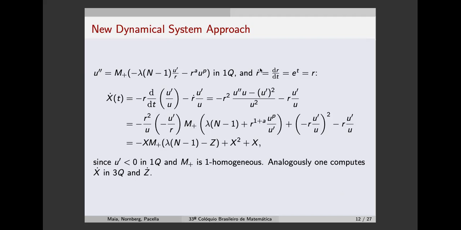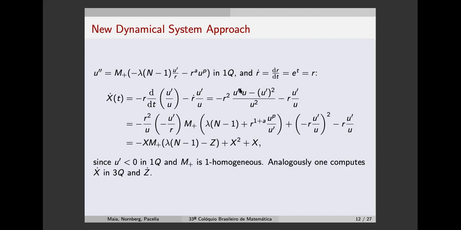The derivative of r with respect to t is r itself. So when we take the derivative of x with respect to t, we have this expression, but then we exchange this into derivative with respect to r, and we have this expression.